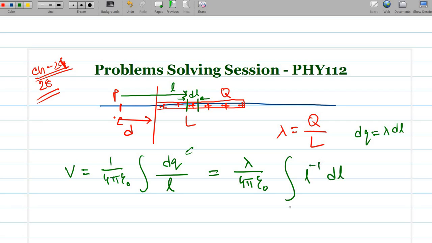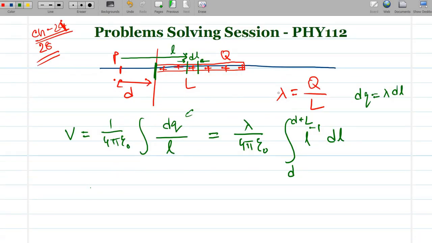And what are the limits? The lower limit starts from this end, which is at distance d from the point P, and the upper limit should be d plus capital L. I think this is a pretty straightforward integration. Lambda over 4 pi epsilon naught, and then we have l to the power -1, so if you integrate it you should get a logarithm of l, right?